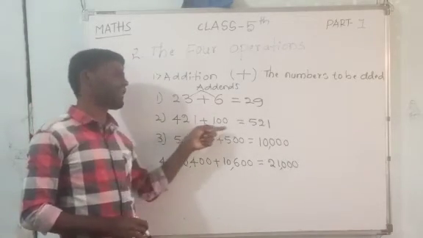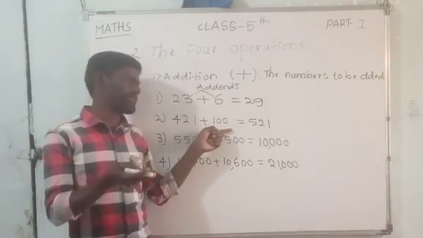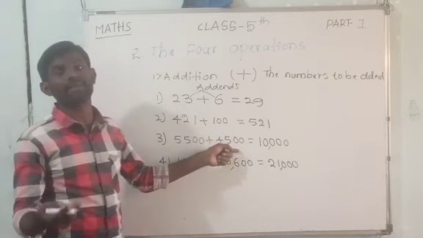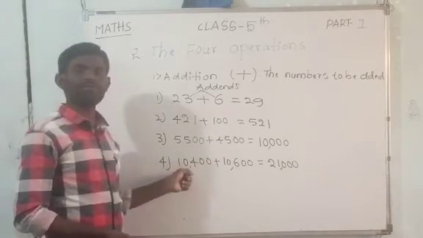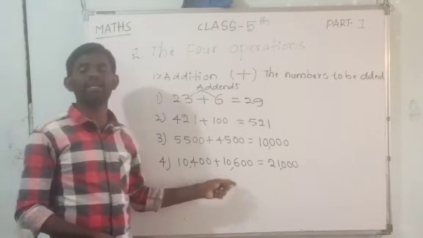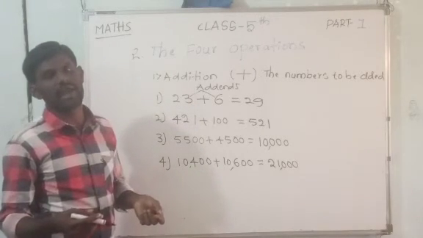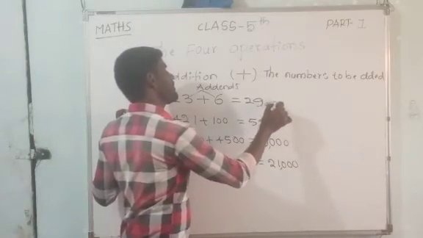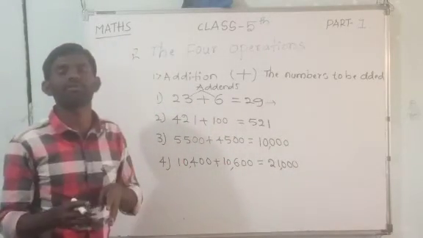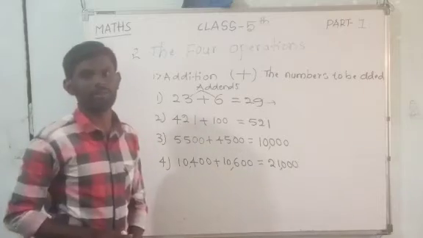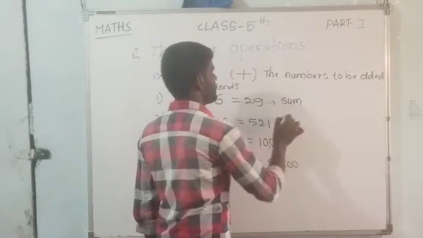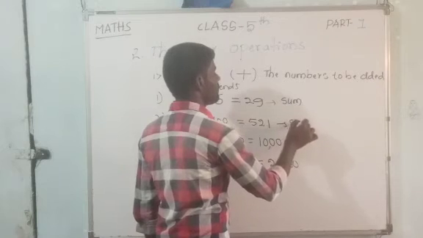Here 421 and 100 are addends, 5,500 and 4,500 are addends, and 10,400 and 10,600 are addends. Then what do we call the result? The number after adding is called the sum.